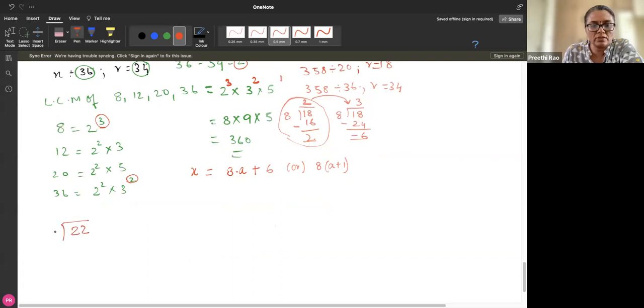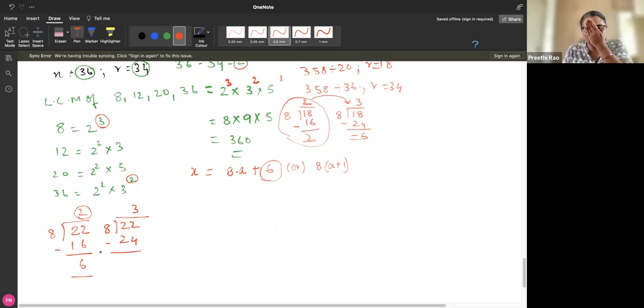When I divide 22 by 8, 8 twos are 16. What is the remainder? 6. This is what we have here, 6. But instead of taking 2 times, let me take 3 times. 8 threes are 24. What is my remainder then?